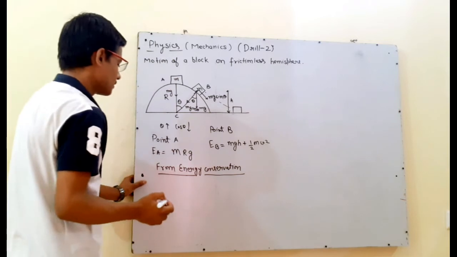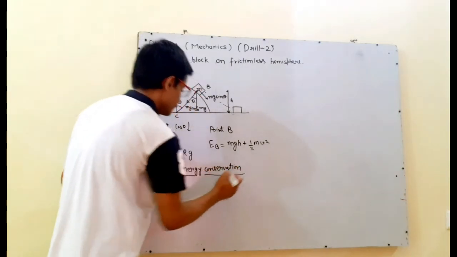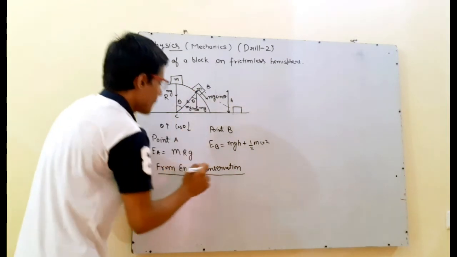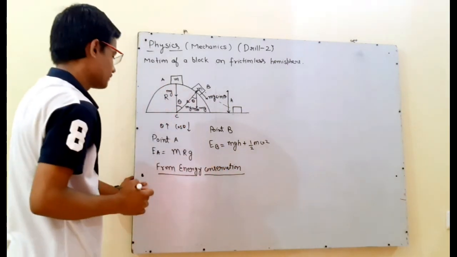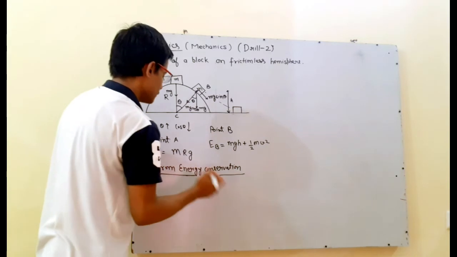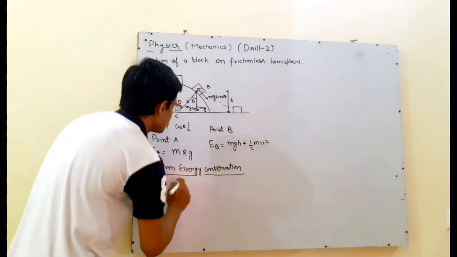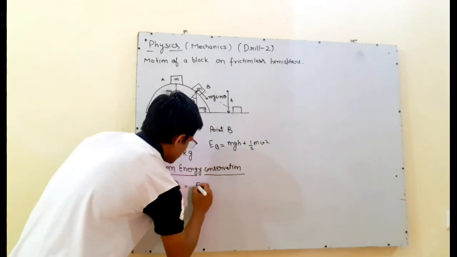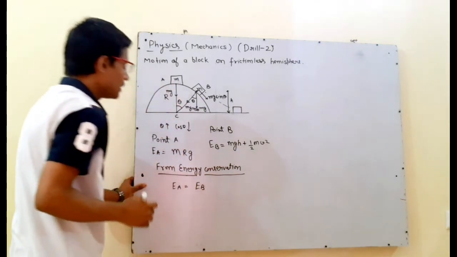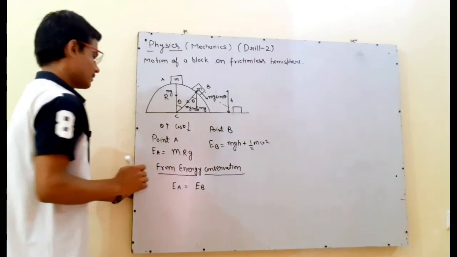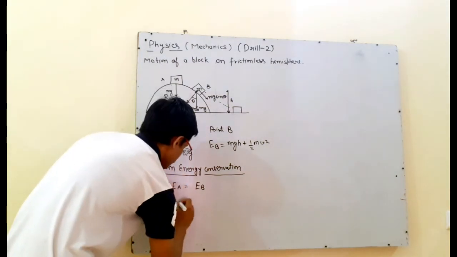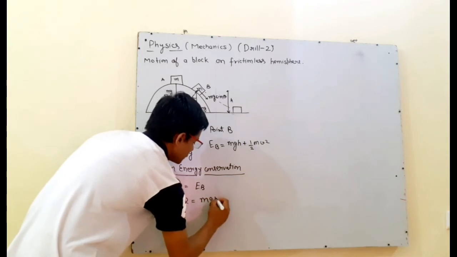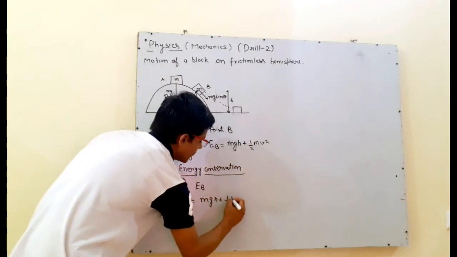Although energy is also conserved when non-conservative forces are acting, when you include the work done by them. From energy conservation, the energy at point A and the energy at point B will remain equal. So mgr is equal to mgh plus half mv square.